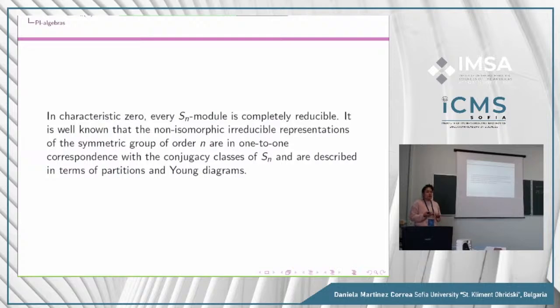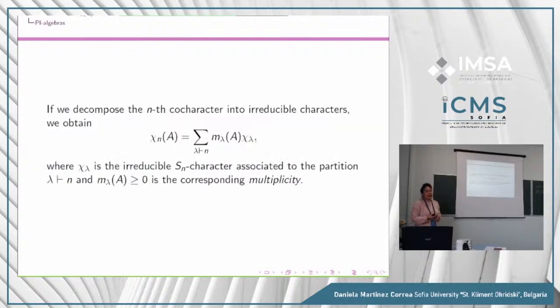And the non-isomorphic irreducible representations of the symmetric group are in one-to-one correspondence with the conjugacy classes of the symmetric group. But these conjugacy classes are described in terms of the partitions of n, and the partitions of n are described in terms of Young diagrams. So using that, we can decompose the n-th cocharacter into irreducible characters.